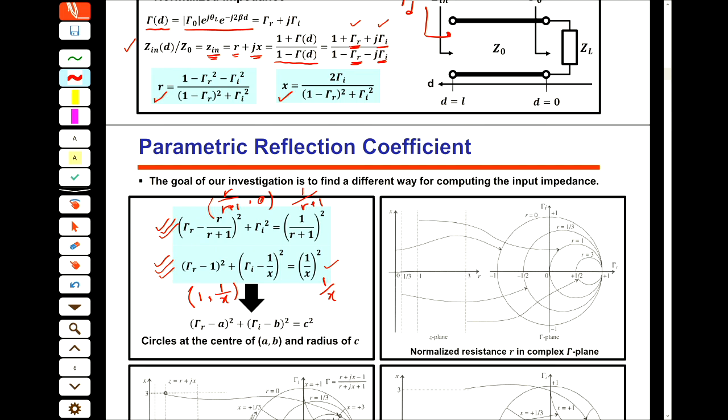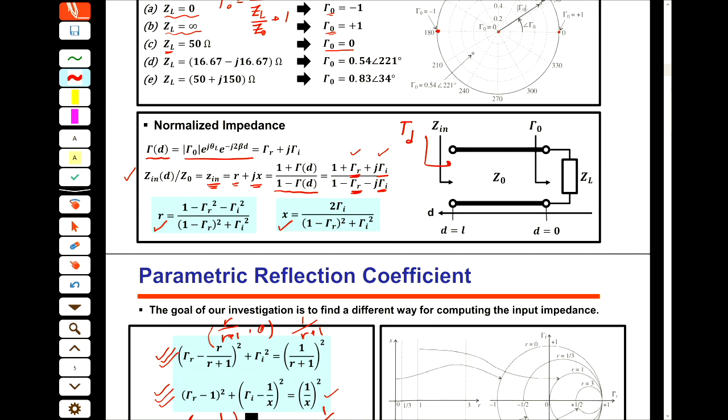So this is what Mr. Smith did. He defined these two types of circles on this graph, on a gamma plane base, and then said that, okay, if I want to find a value of R equal to 1 and, for example, X equal to 1, which is the representation of the small z in equals 1 plus j1, then I have to find the intersection of the circles R equal to 1 and X equal to 1.